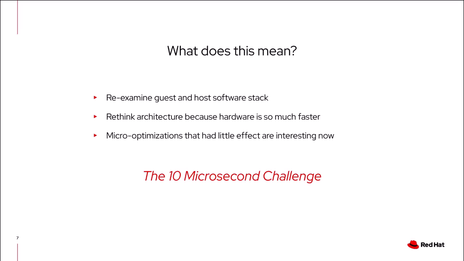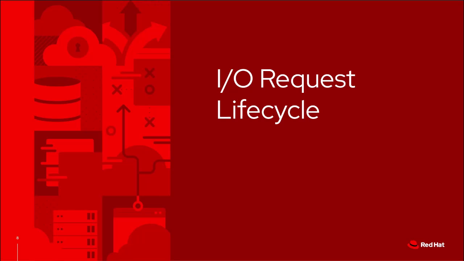So that's why I mean rethinking the architecture, because we really can reconsider things that didn't make sense in the past. And so that's the 10 microsecond challenge that we're going to talk about.